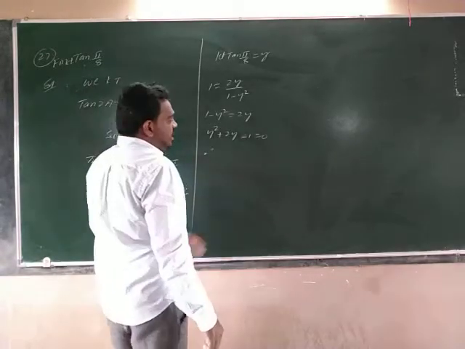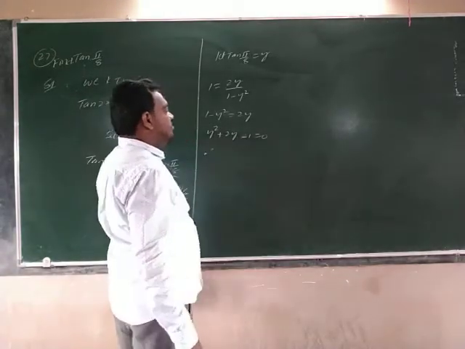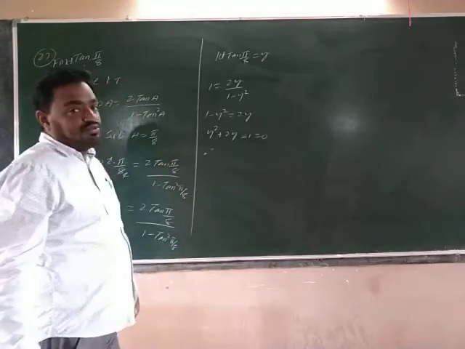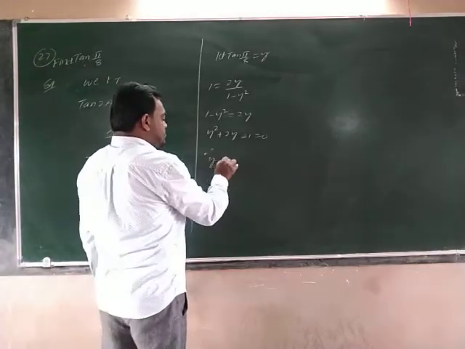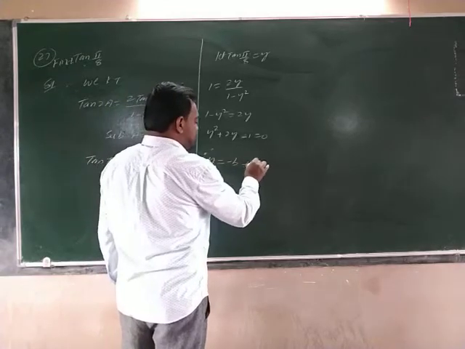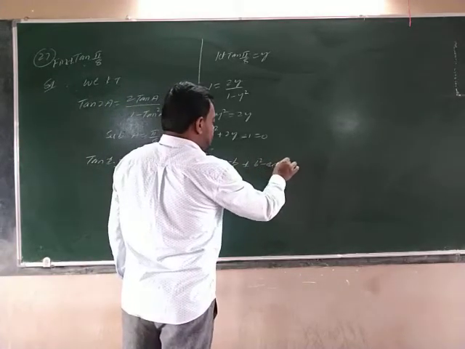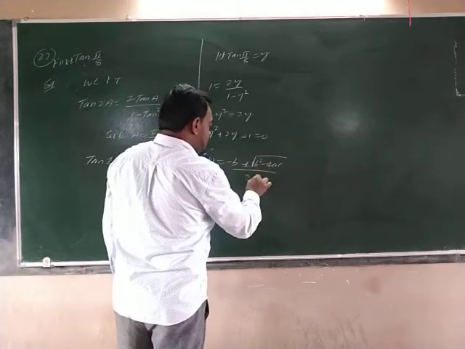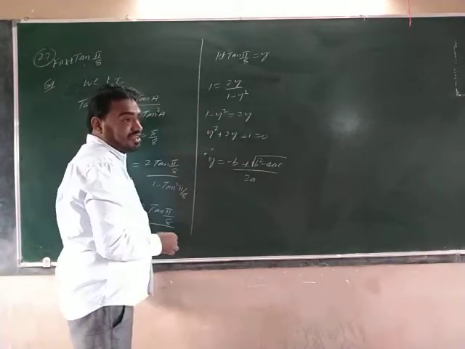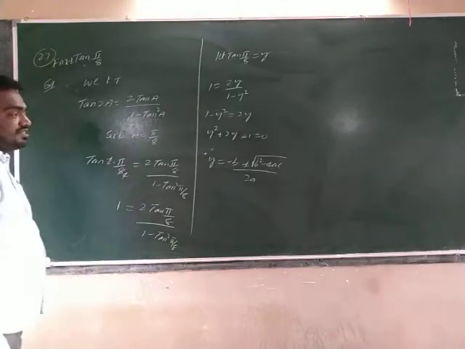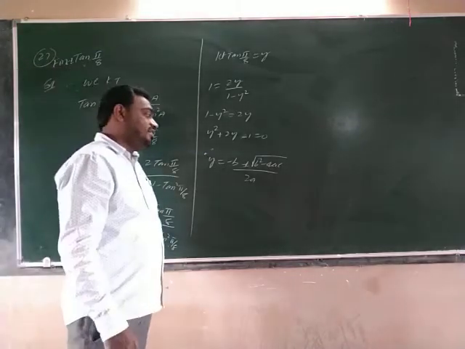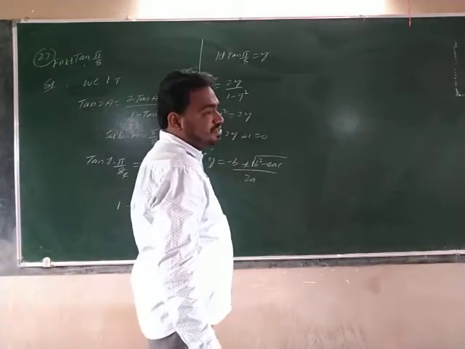Factors are not possible here. So y is equal to, we have the formula: by solving the quadratic equation ax square plus bx plus c equal to 0, then x is equal to minus b plus or minus square root of b square minus 4ac by 2a.